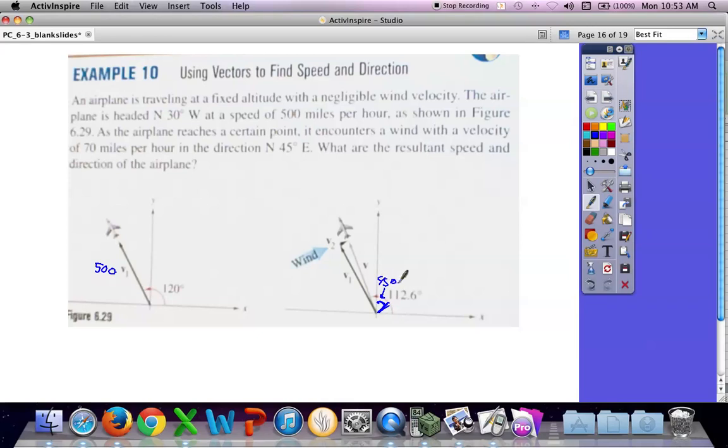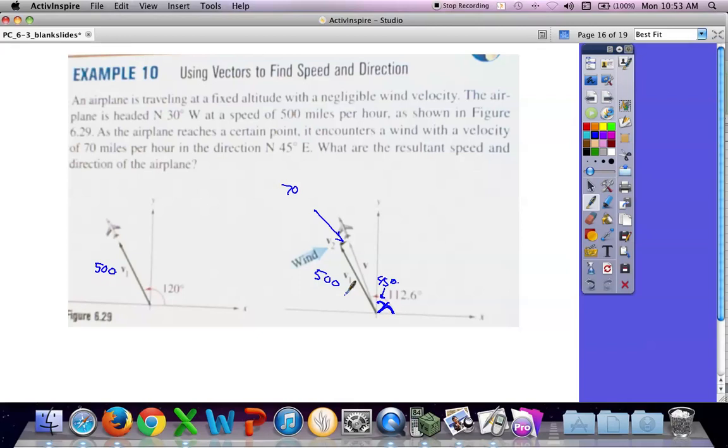But what does that make the direction angle, the angle with the x-axis? 45, right? Because they have to add up to 90 degrees. This V2 right there, that's the 70 miles per hour. This one was the 500.